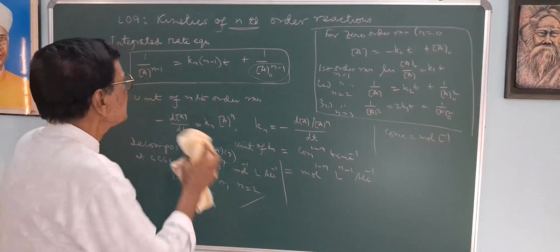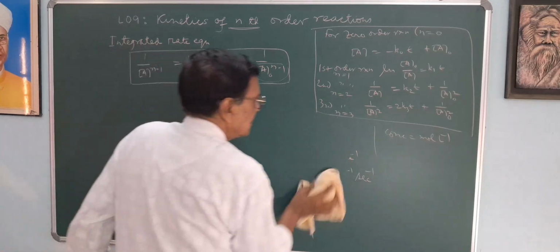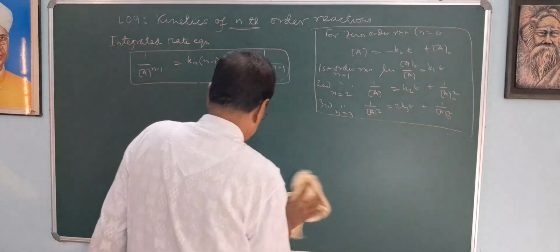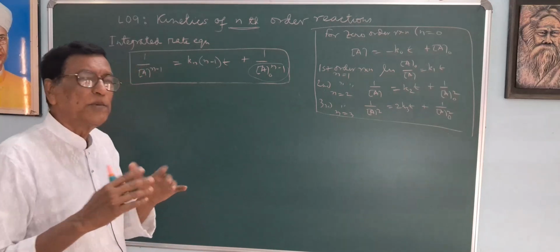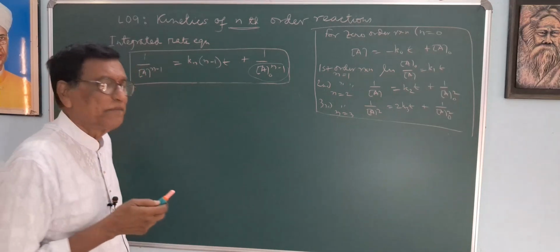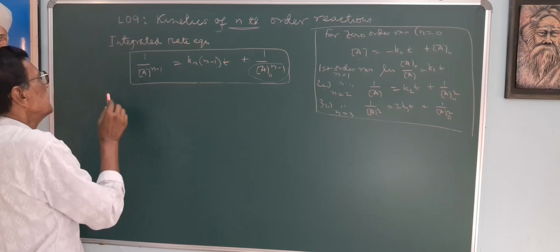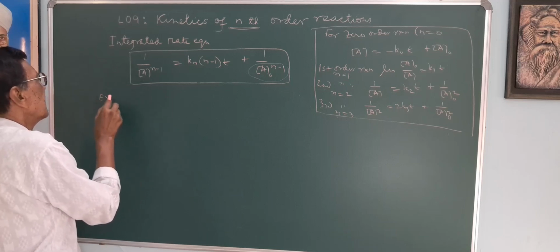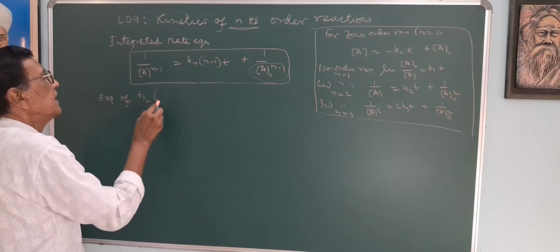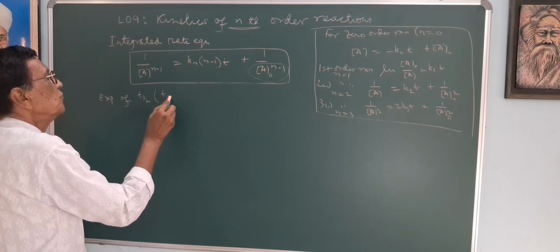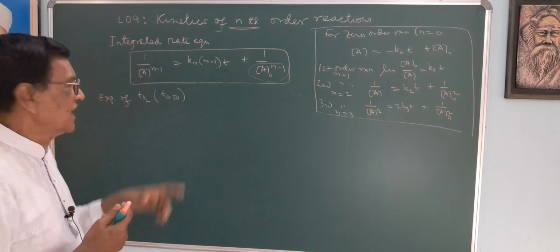Next one, another important parameter is the half-life period. Say the expression of t half or t 0.5, 50% decomposition or half of this decomposition.